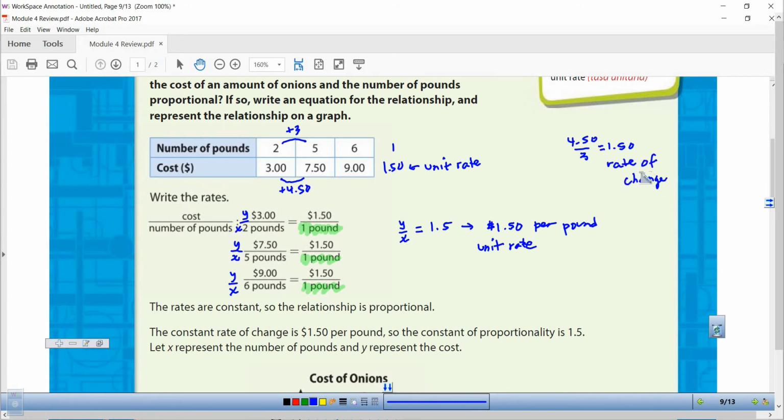Wow, so my rate of change is equal to my unit rate, which is equal to my constant of proportionality. So k is equal to the unit rate, which is equal to my rate of change. That's a magical number, that constant of proportionality, when you have a proportional relationship.